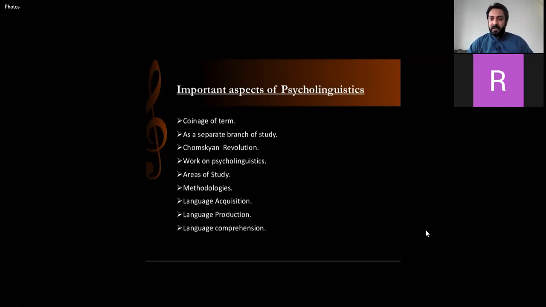Then we would see the role of Noam Chomsky in the development of psycholinguistics. There were also other linguists who worked on this field. What is the area of psycholinguistics? What are the different methodologies used in this branch? What do you mean by language acquisition? What is language production? And what is language comprehension?